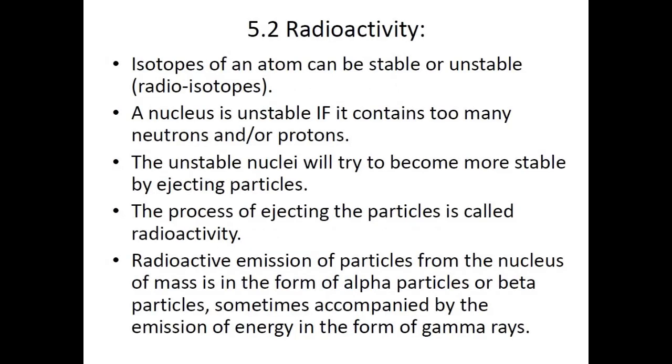The first thing in this is radioactivity. What exactly is radioactivity? So let's get down and discuss the concept of radioactivity. As we discussed in our previous lecture, isotopes are atoms of the same element with a different neutron number. Isotopes of an atom can be stable or unstable depending on their nuclear properties.